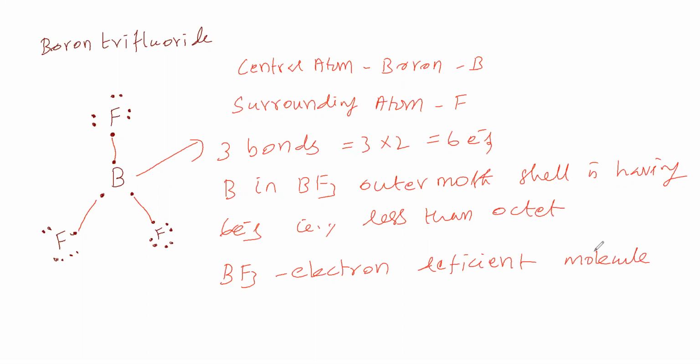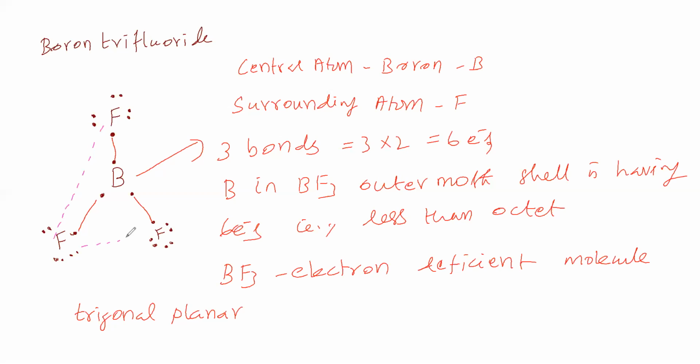If the central atom in a molecule has 3 bonds, then what is the shape? Trigonal planar. What is the meaning of trigonal planar? Now you join all the fluorine atoms.